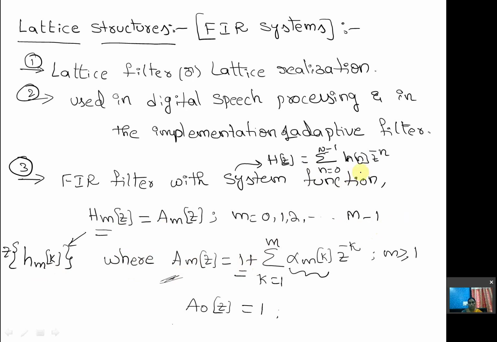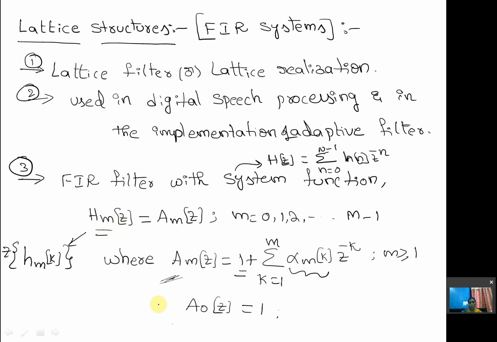From this general form we write it in a different form, separating the 0th term: 1 plus summation alpha m of k z power minus k, for m greater than or equal to 1, under some assumptions. So A0 of z is equal to 1, or h of 0 is equal to 1, and then h0 of z is also 1.